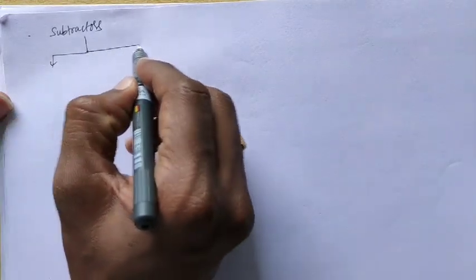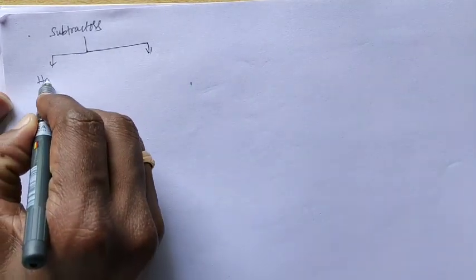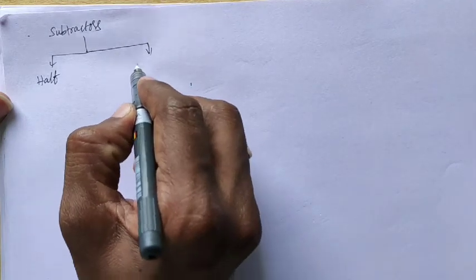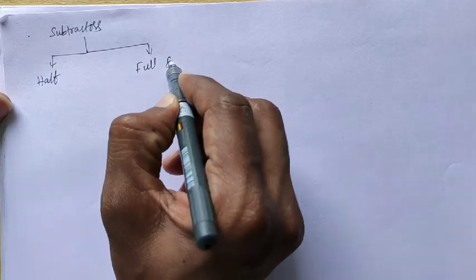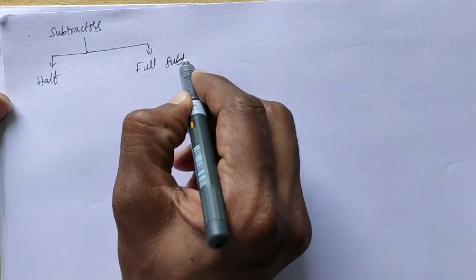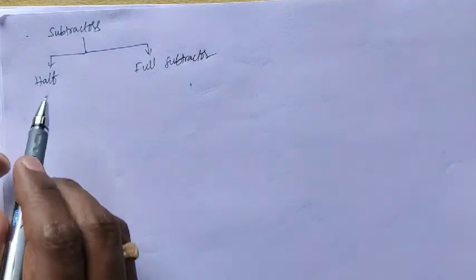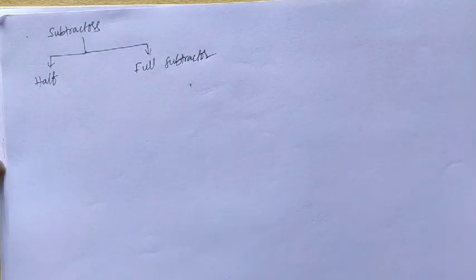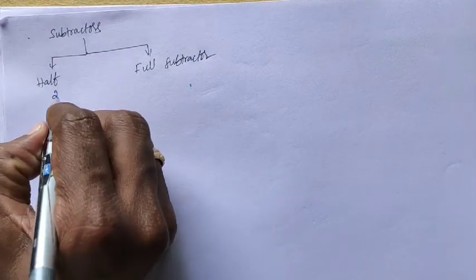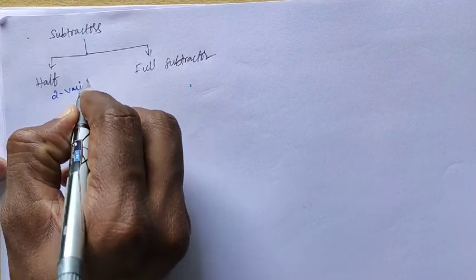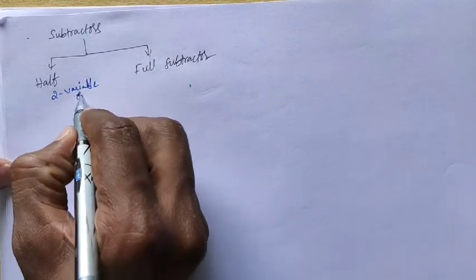Subtractors are again of two types. One is the half subtractor and another one is the full subtractor. I think we already know subtraction. Subtractor means subtraction. Half means the number of variables: here it is two variables, meaning two inputs.